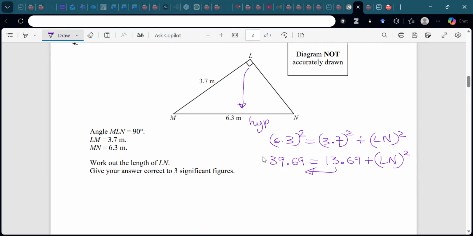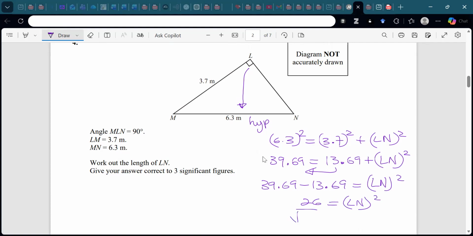So we have 39.69 minus 13.69, and that's going to be equal to LN squared. So in total, this is going to give us 26.